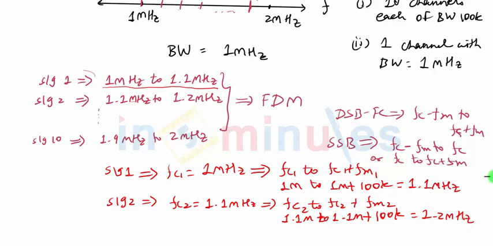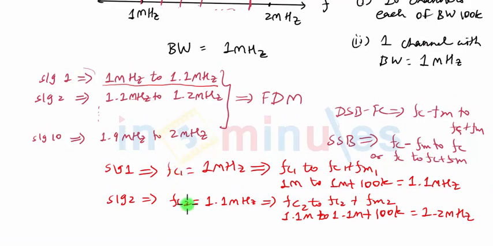And likewise for the last signal, signal number 10, Fc10, the 10th carrier frequency, will start from 1.9 megahertz. If I do the similar calculation, the frequency range for the single sideband will be from 1.9 megahertz to 1.9 plus 100k, which will be 2 megahertz.